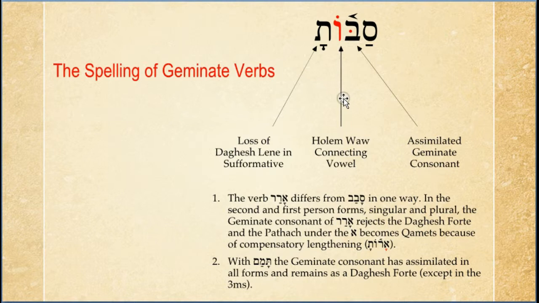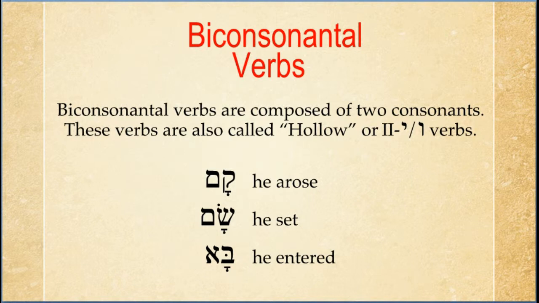So it still sounds the same, it's still there, but the dagesh lene goes away. And so the spelling of Geminates is a little bit different from the other ones, but hopefully the verbal forms that we've gone through so far help you to understand why this happens, what's the necessity.